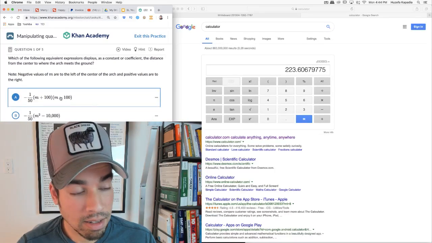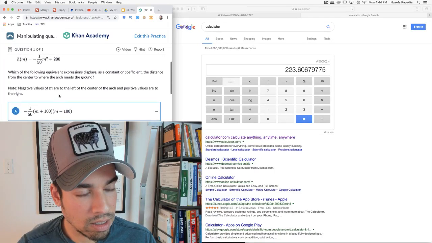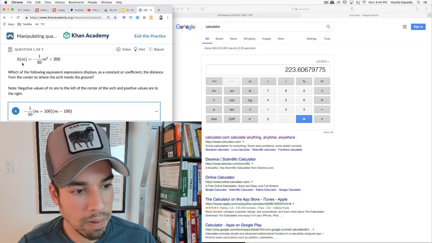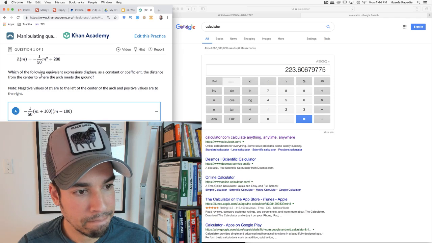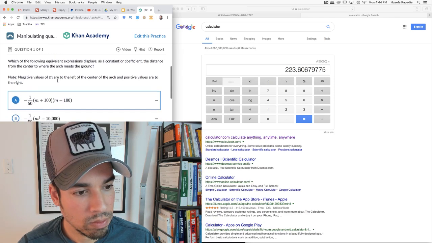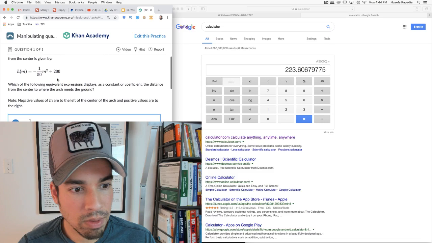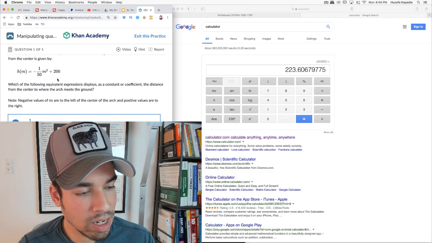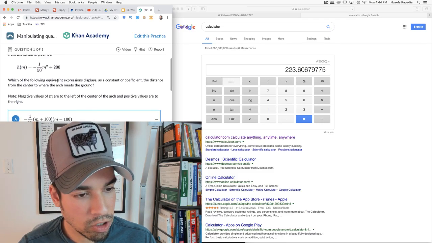Oh, I get it. This is just the height, okay? From the distance from the center to where the arch meets the ground.